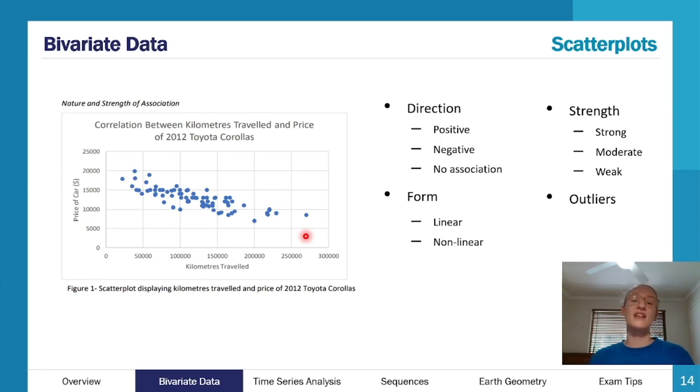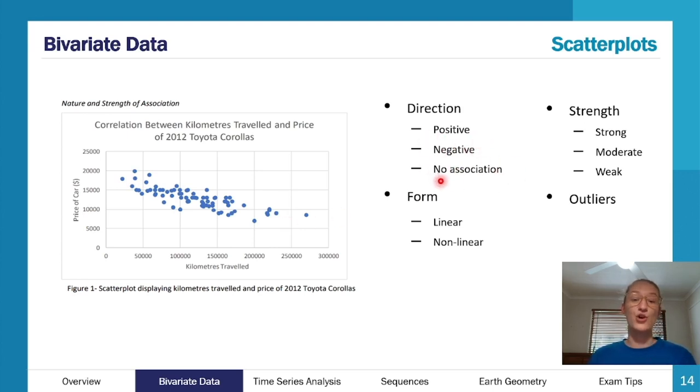That's the trend that I'm seeing. So this scatter plot, I would say, has a negative direction. If it was going to have a positive direction, it would be moving up, so as one variable increases, the other one would be moving up. But that's not what we see here. We see that decreasing trend, which is our negative relationship.